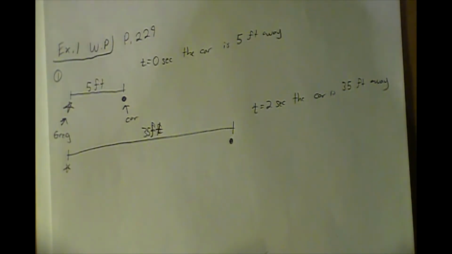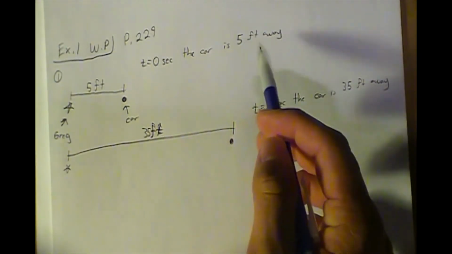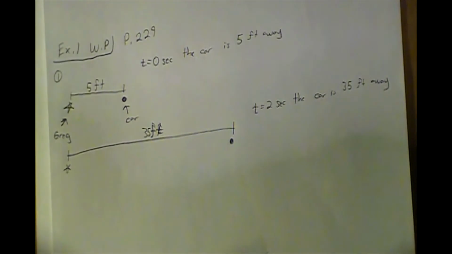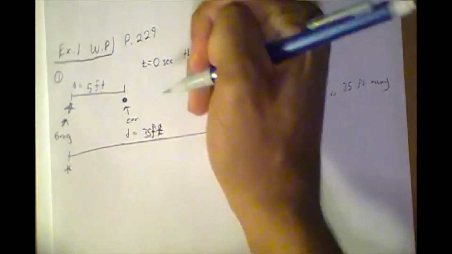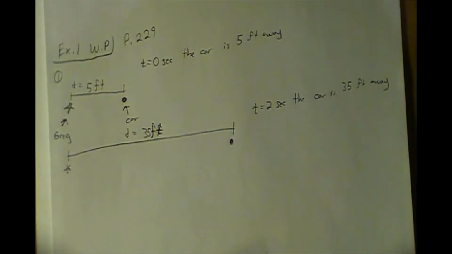So, when we look at this, we have t is equal to 0, and we'll call the distance d. I mean, we could always just say d is equal to 5 and d is equal to 35. Well, this, to me, kind of looks like pairs. How? Well, we can treat time as the determining variable, or x.